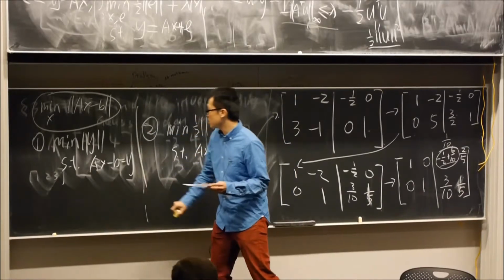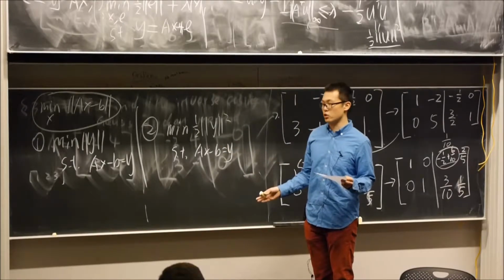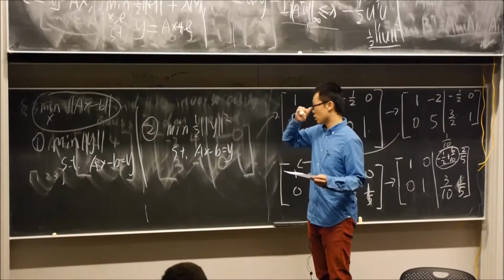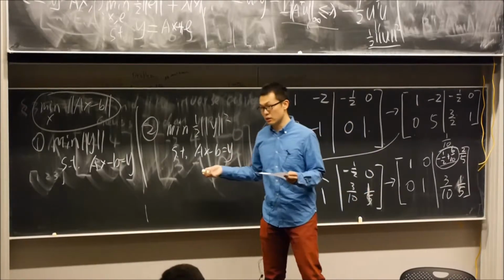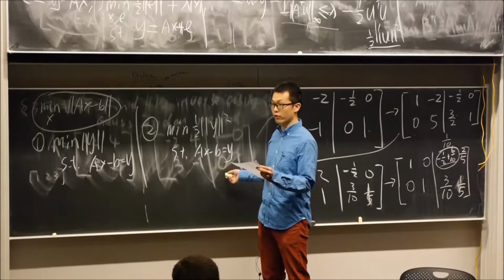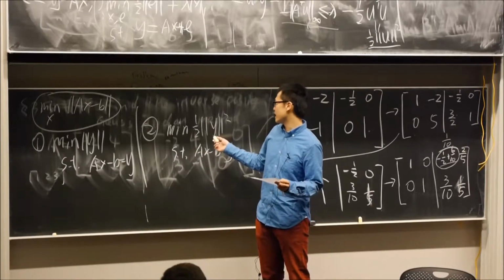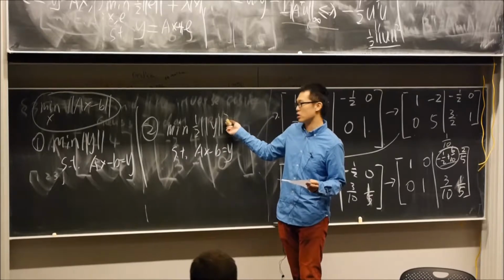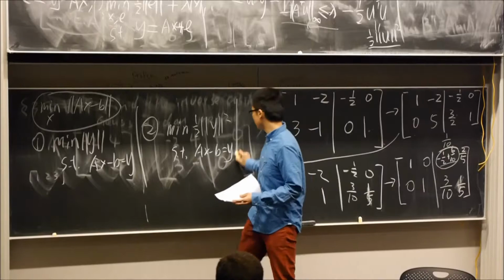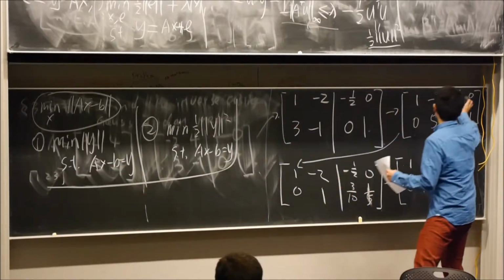Just check that these two representations are essentially the same, since we are minimizing the norm of y. But it turns out that the dual of the second one is much easier to solve compared to the first one. So that's the reason why, say in Lasso, people usually have a square term on the norm here. So I'll leave it to you guys to work this out yourself afterwards.